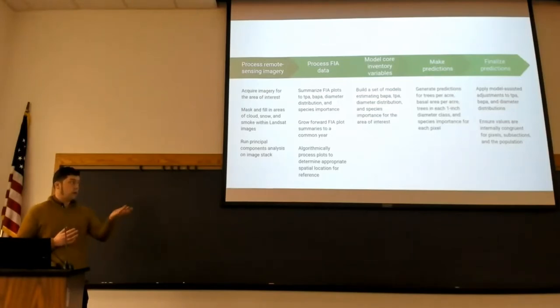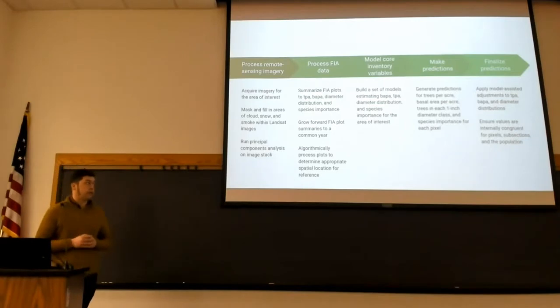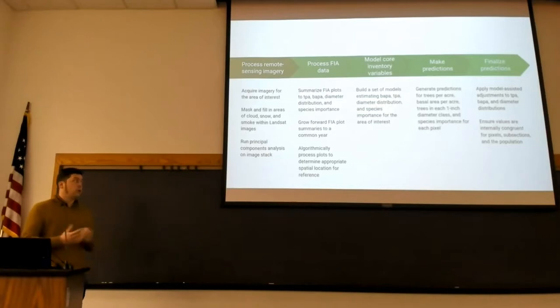And then on the back end, we do a couple things, one of which is to apply some model-assisted adjustments that allow the data to conform with population-scale estimates from FIA. FIA is not necessarily great for small area estimation, but certainly we believe that it is very credible when you're talking about the entire state of Minnesota or certainly the United States.